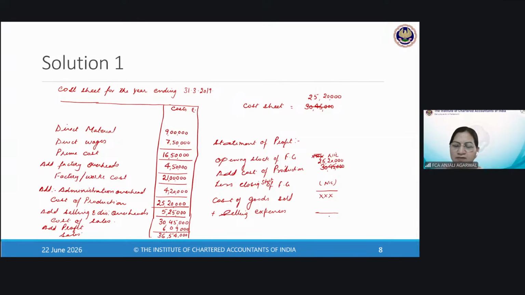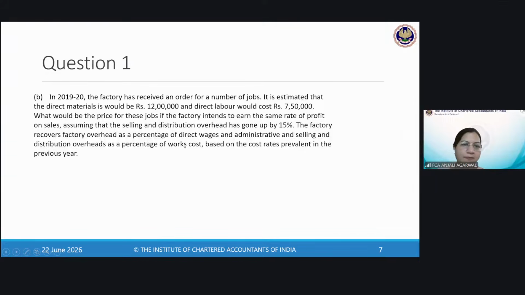Then you add the selling expenses and you will have profit and sales. So you may bifurcate the cost sheet into two parts, a cost sheet separately and a statement of profit separately. If you bifurcate it only till the cost of production, this part goes to the cost sheet, and the remaining part comes under the statement of profit. But generally we follow just one. Until and unless it is specifically asked, we will not bifurcate it into cost sheet and statement of profit.